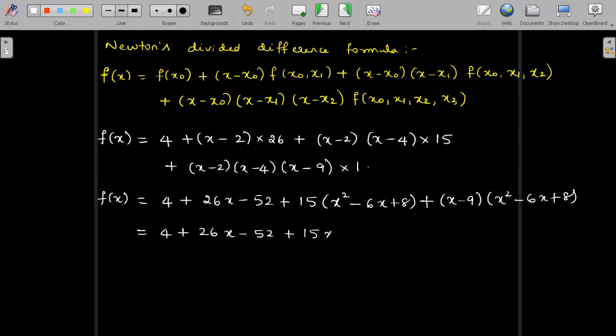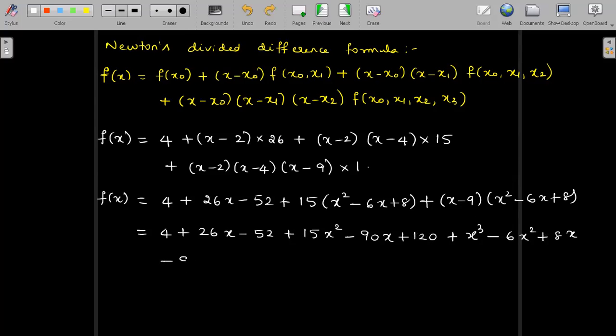Now I have 15x square minus 15 into 6 is 90x plus 15 into 8 is 120 plus, now x should be multiplied with each of these terms. So I get x cube minus 6x square plus 8x. And again now minus 9 is multiplied with each of the terms.